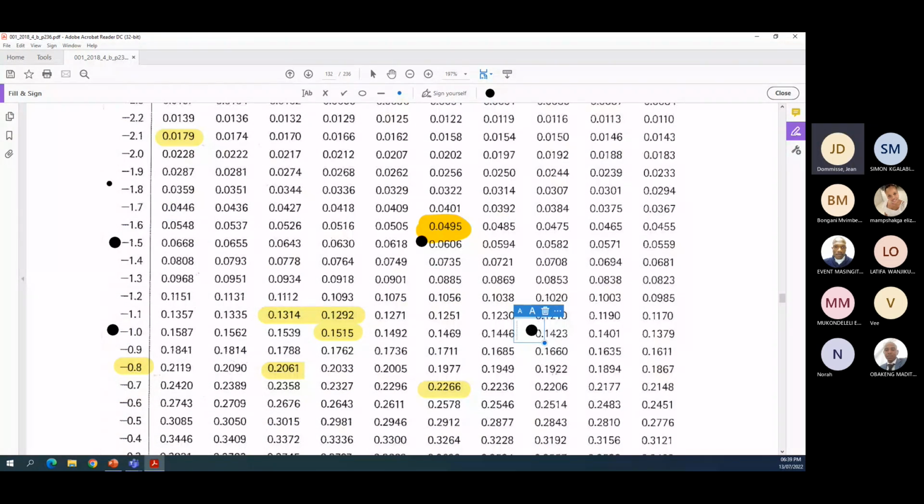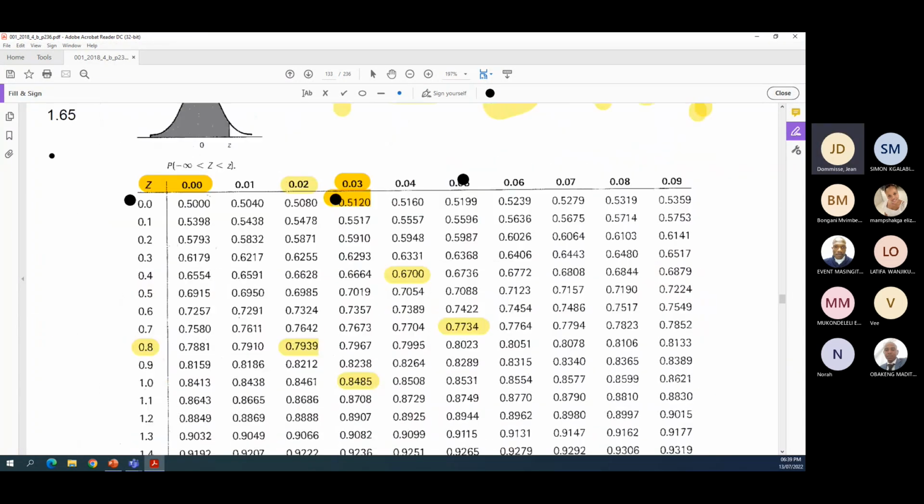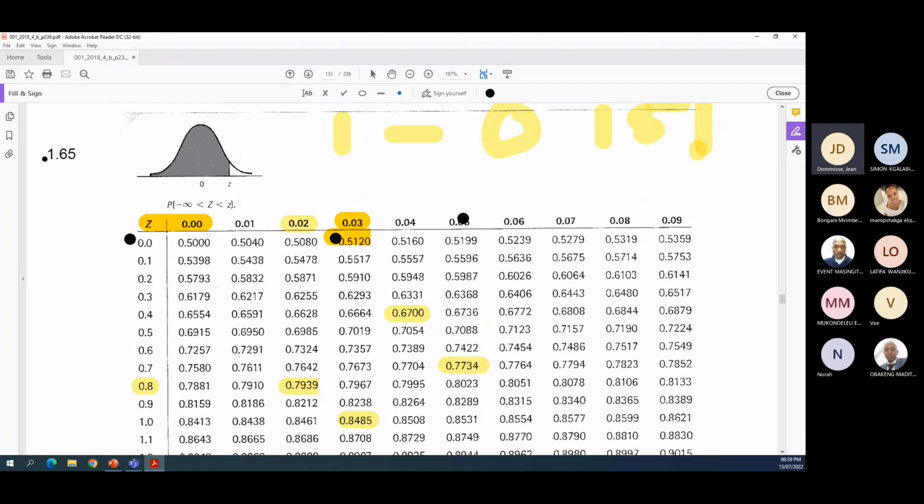It's basically the first two numbers, the 1.6 or the 1.7 or the minus 1.5. It's where you go down the table, and the second number after the point is where you go across the table. Is that better, Simon?